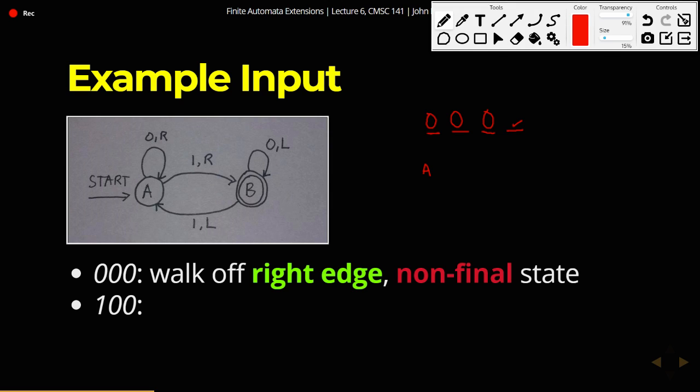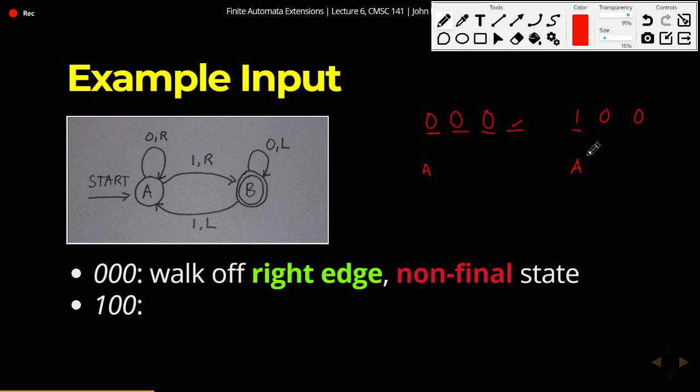Let's see another example. How about if it's 1, 0, 0? Okay. So if it's 1, 0, 0, we start at state A. We'll process the first input symbol, which is 1. So A on 1 will go to state B, and will move to the right.